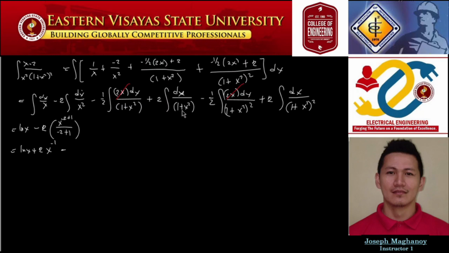So here, we can use our trigonometric formula right away. So minus 1/2 ln of 1 plus x squared.